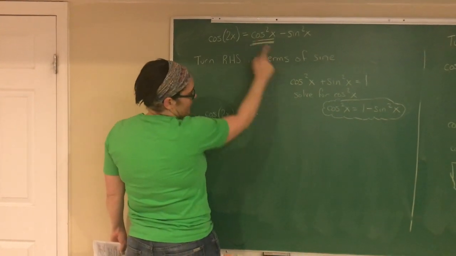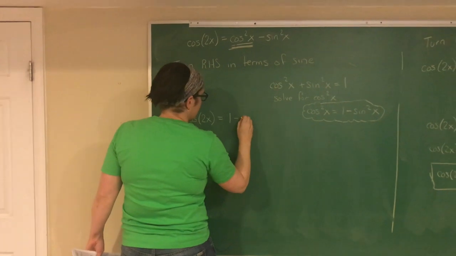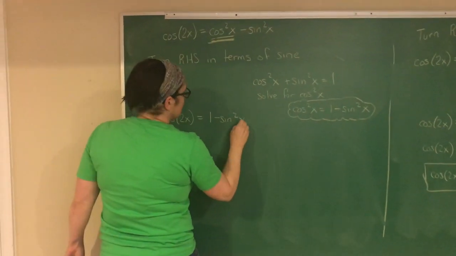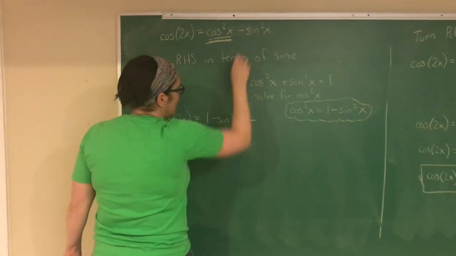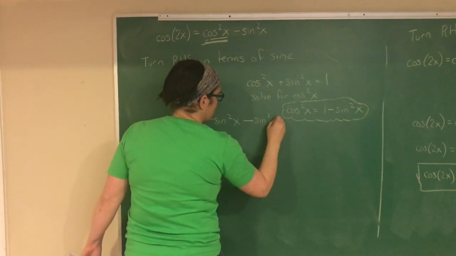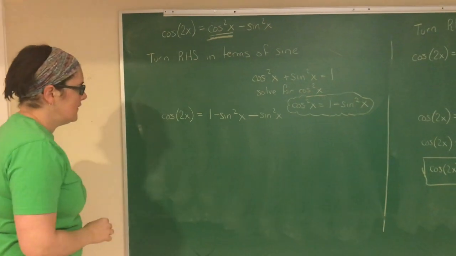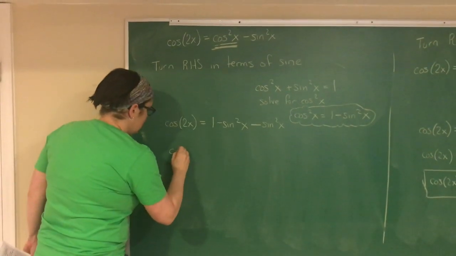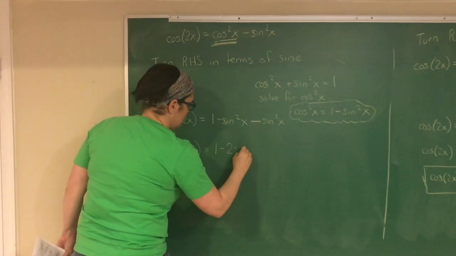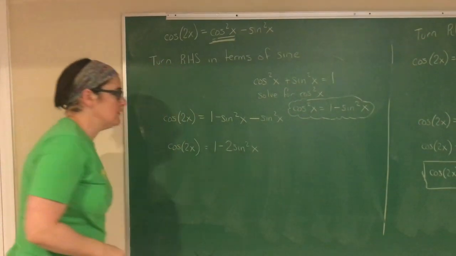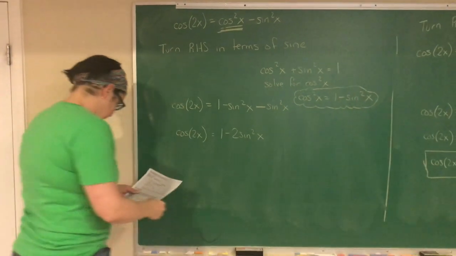Cosine squared x is 1 minus sine squared x. So we have 1 minus sine squared x, and then minus our other sine squared x. And that gives me cosine of 2x is equal to 1 minus 2 times sine squared x.